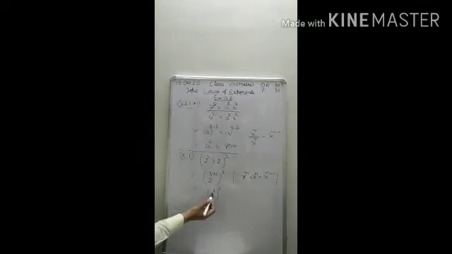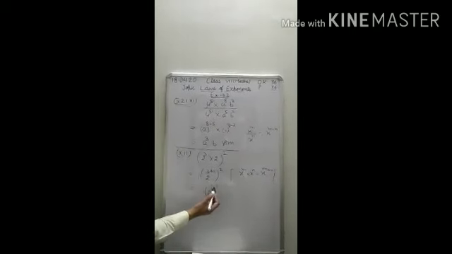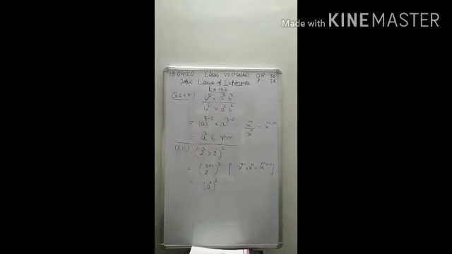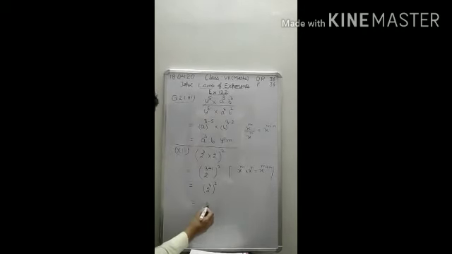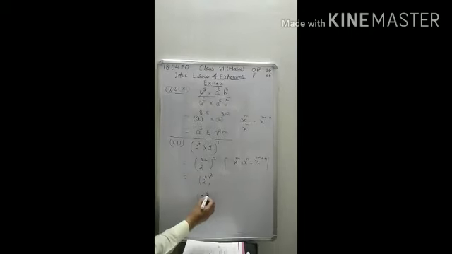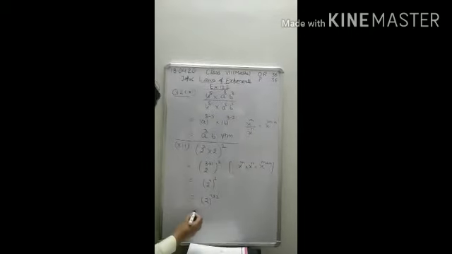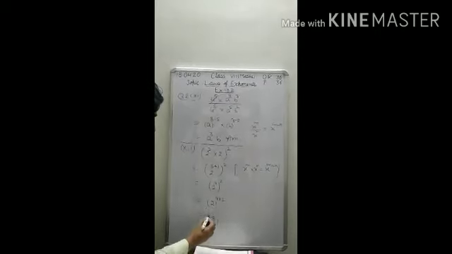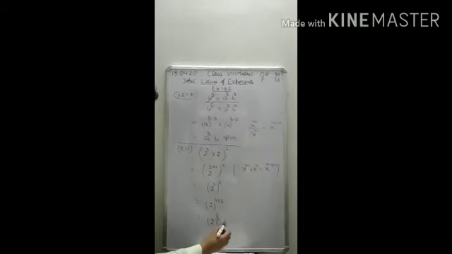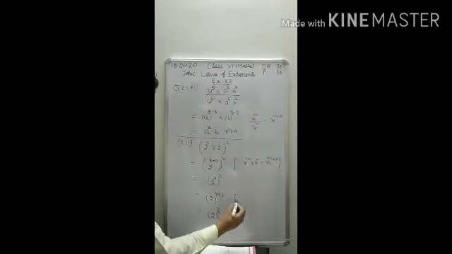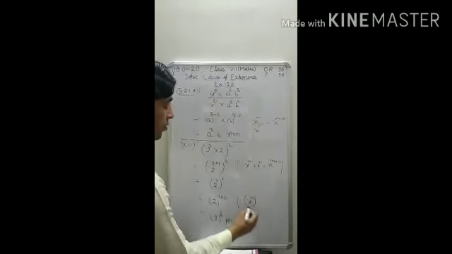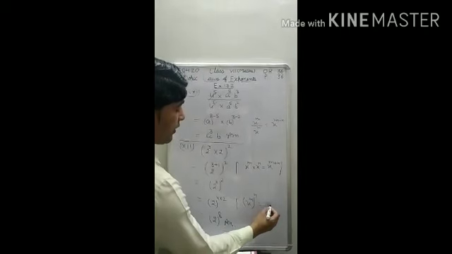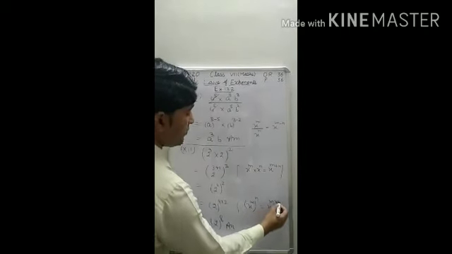Now here, x raised to the power m, whole raised to the power n, so the powers will be multiplied with each other. So it will be 2 raised to the power 4 multiplied by 2, then you will get 2 raised to the power 8. This is your answer. And here you have to write the identity, because x raised to the power m, whole raised to the power n, is x raised to the power m into n.